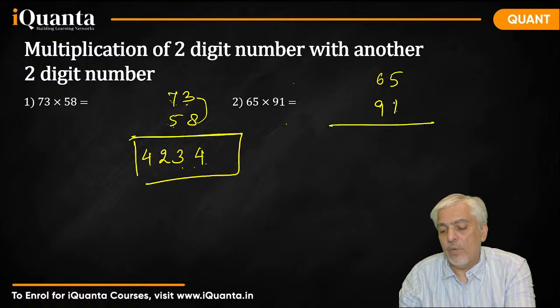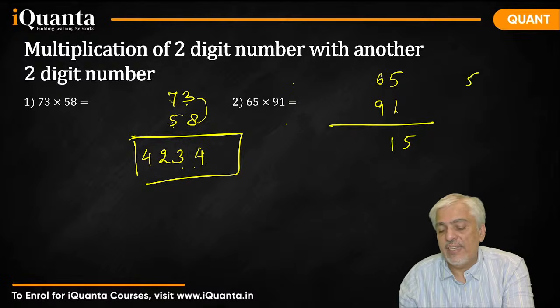Okay, let's check. 1 5s are 5. No carryover. 6 plus 45, 51. 5 carry. 54 plus 5, 59.